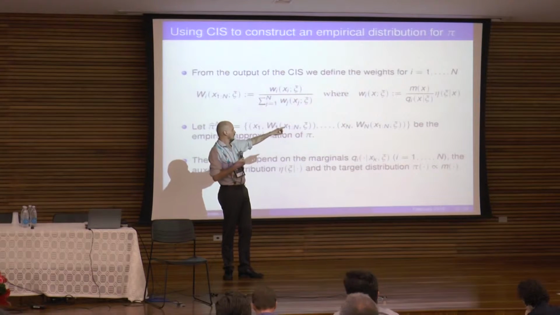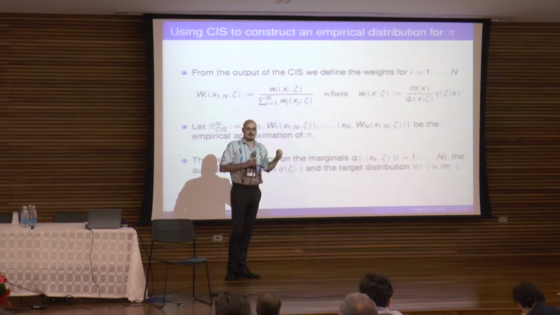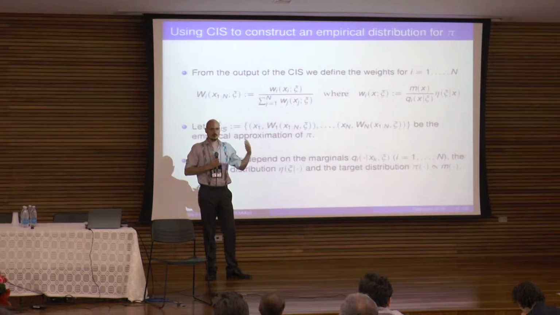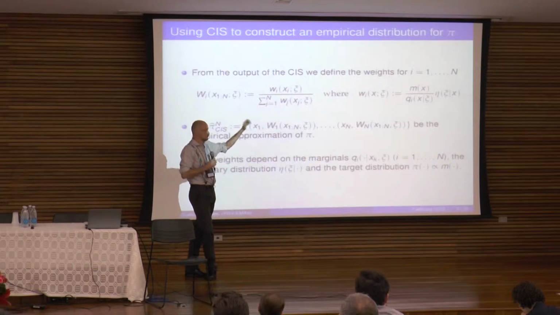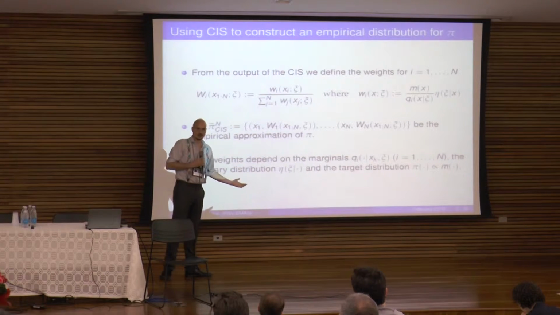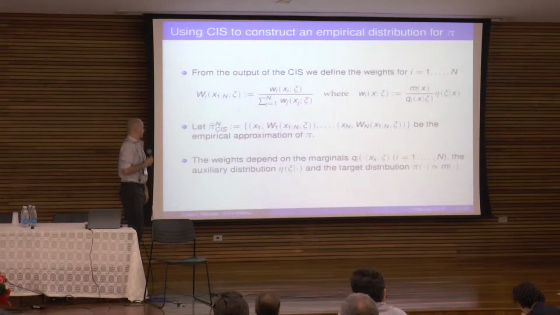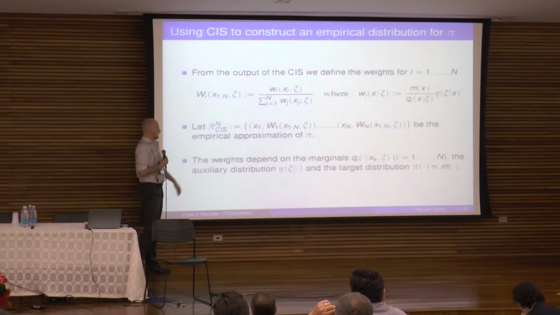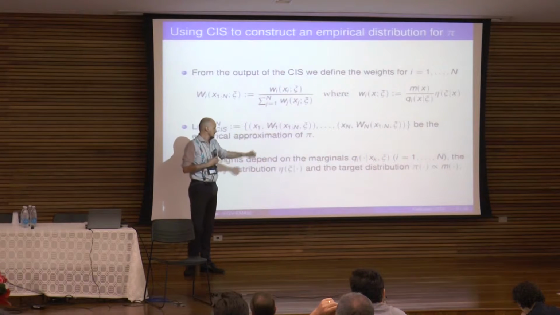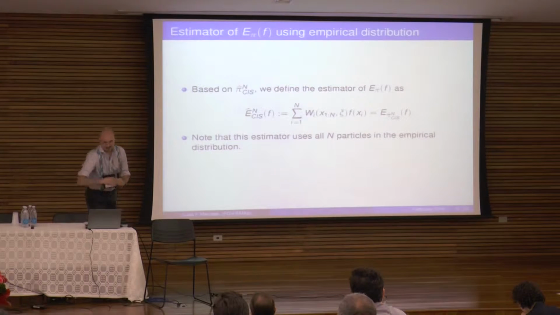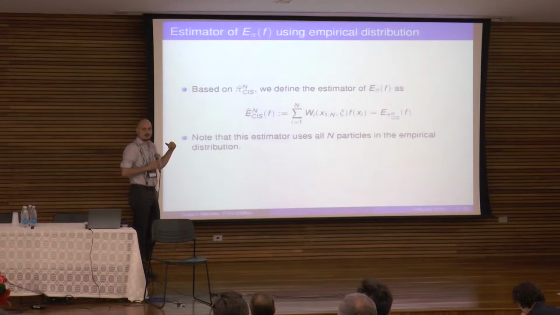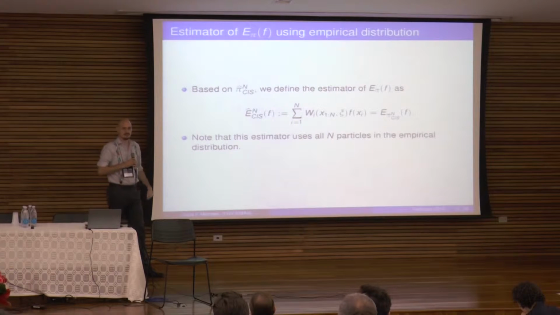But now we also have the eta multiplying that, which, as I said, has a role of bounding the weights when needed. Of course, you don't need that. You can just drop eta, and the algorithm will still work. The empirical approximation to pi is given by the x's and the corresponding weights. And the moment is essentially the same formula we had in the importance sampling case.